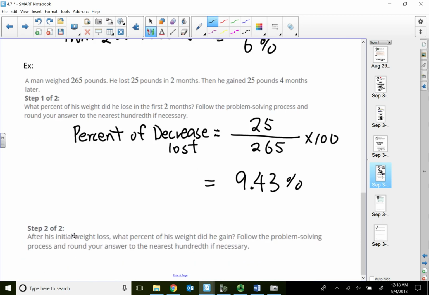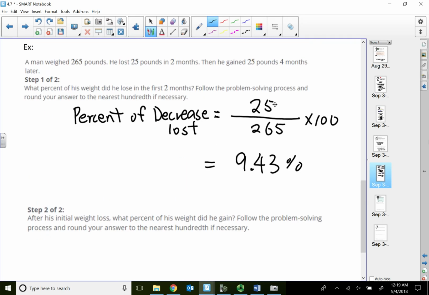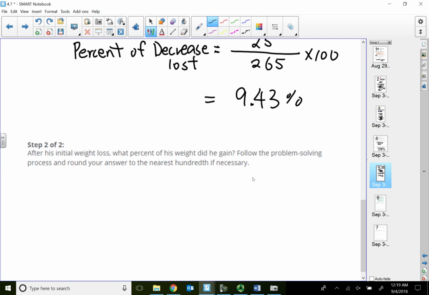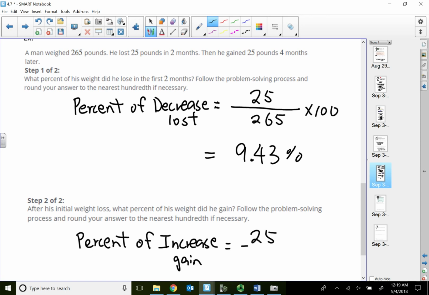Now the next question asks, after his initial weight loss, what percent of his weight did he gain? Remember, he gained back 25 more pounds. A common mistake will be percent of increase, or gain. He did gain 25 more pounds divided by... A lot of students make a mistake right here. They put 265 again, which is incorrect.